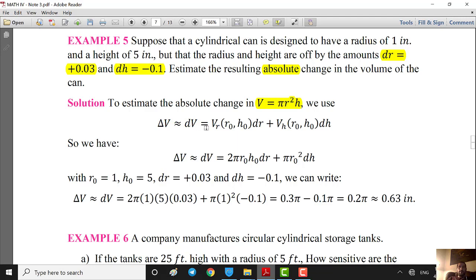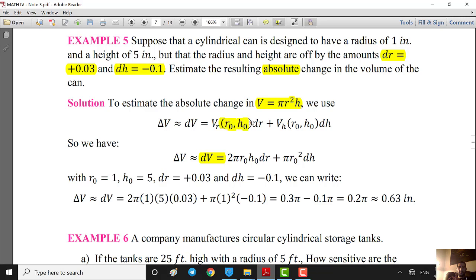So we can write dv to be equal to round v over round r, when v is equal to pi r^2 h, is 2 pi r h evaluated at this point.